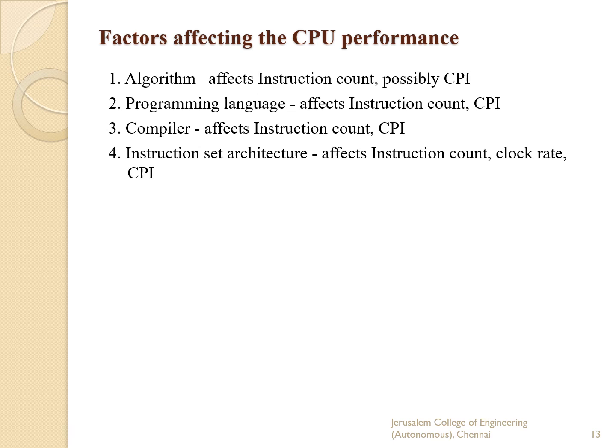The first factor that will affect the CPU performance is the algorithm. The algorithm determines the number of source program instructions executed, and henceforth the number of processor instructions to be executed by the processor. The algorithm may also affect the CPI by favoring slower or faster instructions.